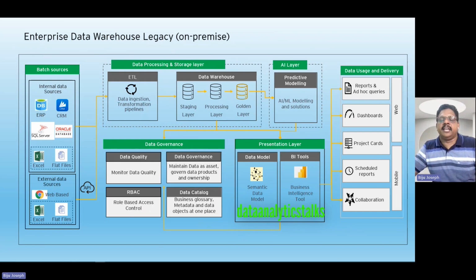So there is limited scalability. Scaling a legacy data warehouse to handle more data and more users often requires significant hardware upgrades, which could be very costly. And they were very, very vendor specific. Many legacy data warehouses were tied to specific vendors and their proprietary technologies, which could lead to vendor lock-in.